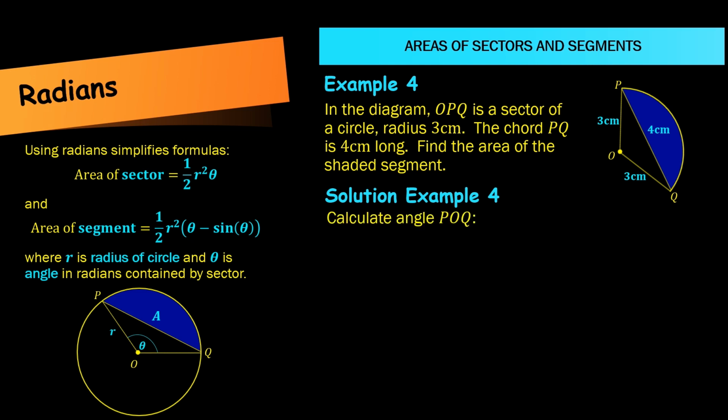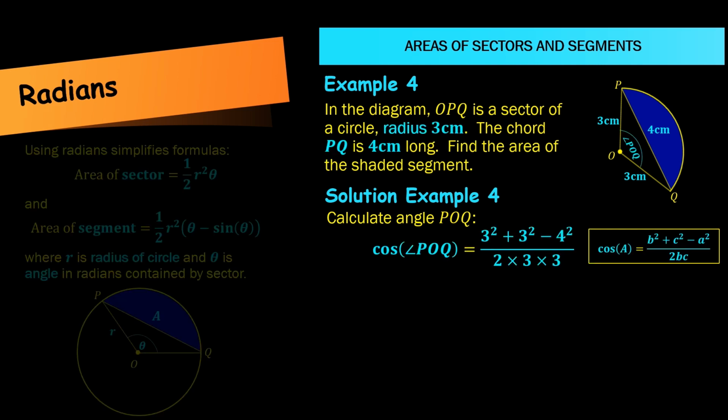We're going to begin by calculating the angle POQ. Recall the cosine rule for a non-right-angled triangle.